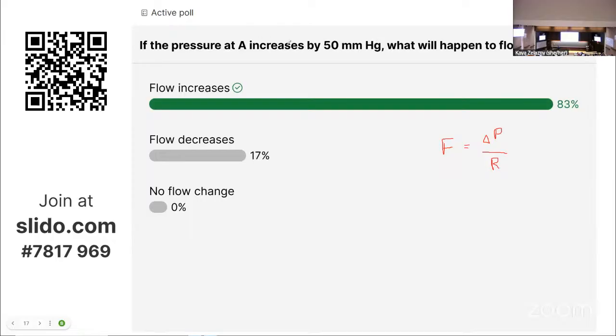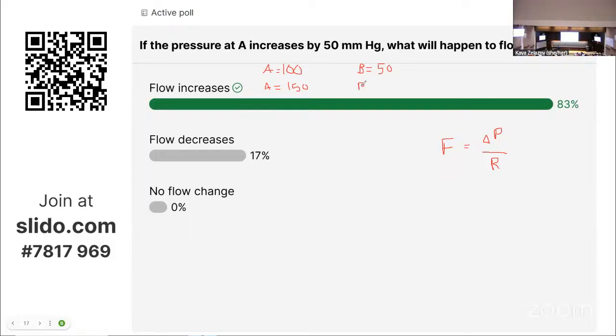So when we increase A, at A we had to start with 100, and at B, we had 50. Originally we had this flow from high to low, from A to B. Now we're jacking A up to 150, but we're leaving B alone.